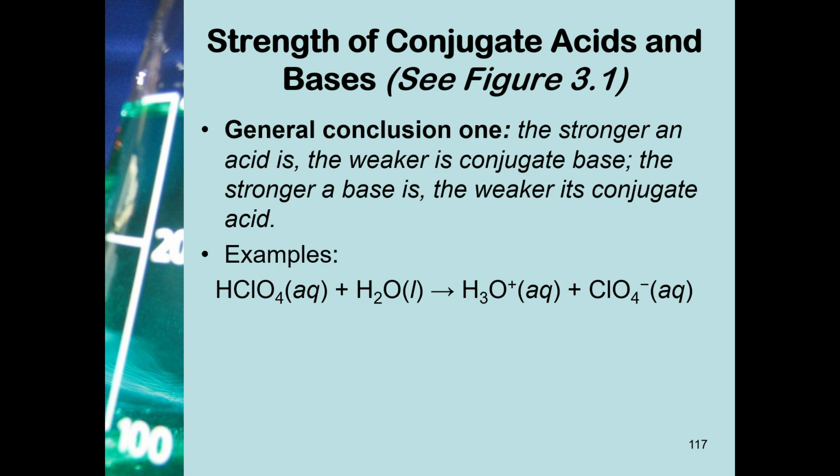So let's take a very strong acid. This is perchloric acid, one of those that we've used as our strong acid example. It has a proton to donate, and when it donates its proton to water, which is acting as a base, what will be left after perchloric acid gives up its proton is going to be way over on the right, the ClO4 negative, the perchlorate ion.